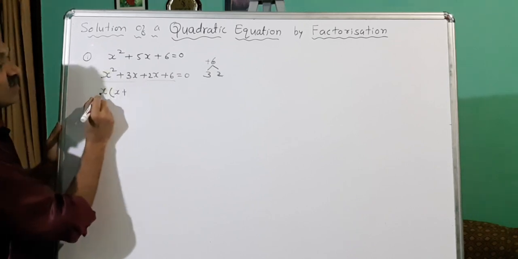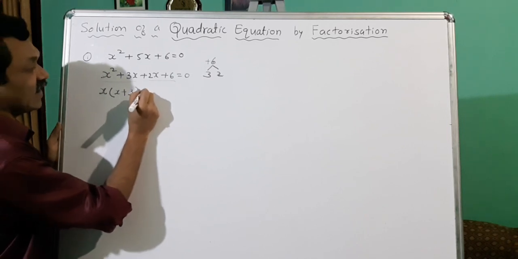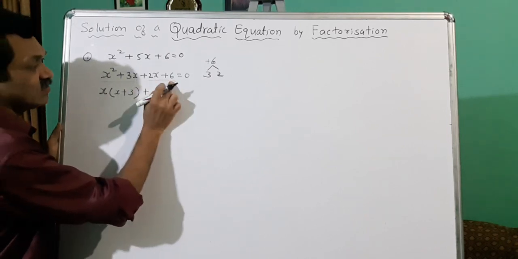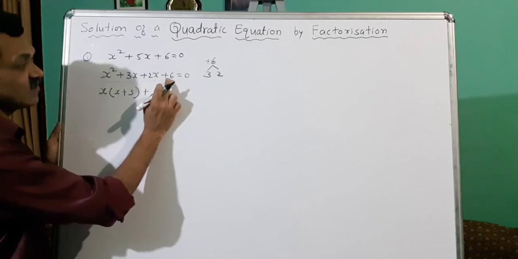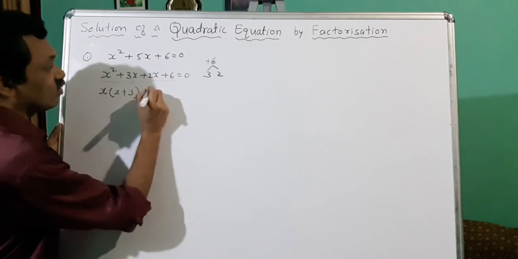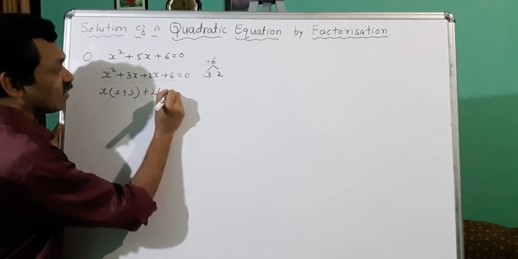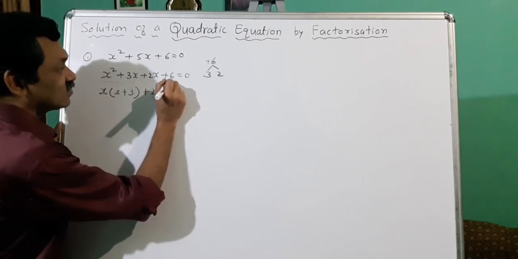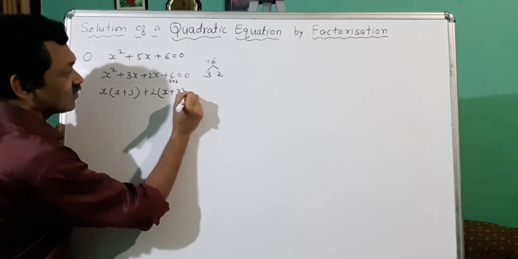Out of 3x, having taken x common, what remains is 3. Now in this group, 2 into x and 2 into 3, so 2 is common. I am taking 2, and what remains is x plus 3, is equal to 0.